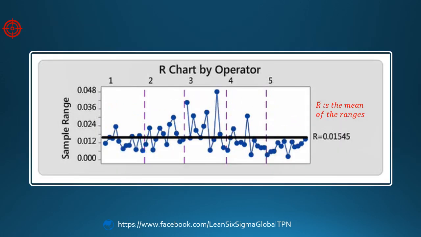And next, we add a center line and control limits. The mean of the operator ranges is 0.01545. We call this value R bar, and plot our center line here.